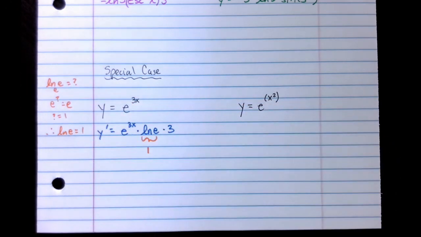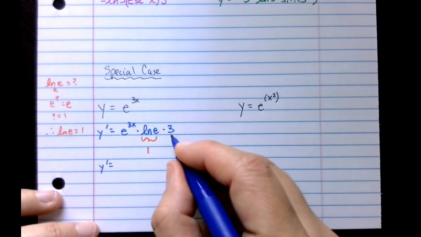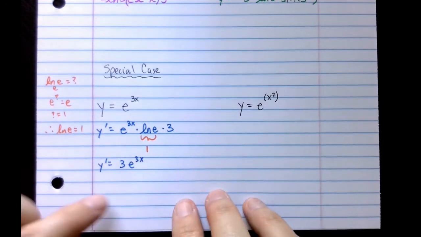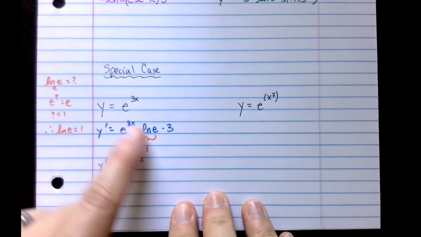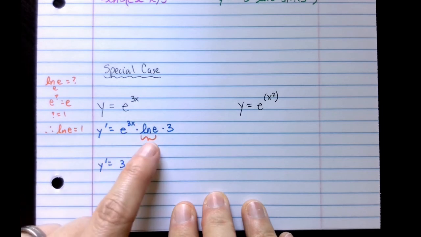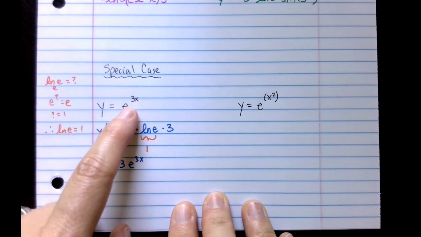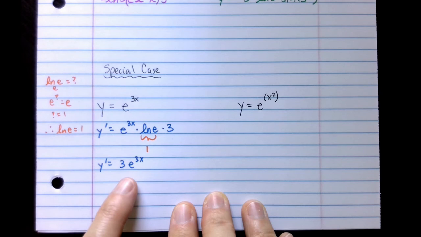Now, why is this important? Well, look what happens. We end up with 3e to the 3x. Because we took the natural log of e, this natural log just becomes 1, every time. Now, do you see a shortcut to go from the problem to the answer?